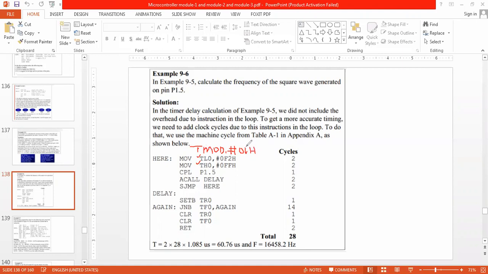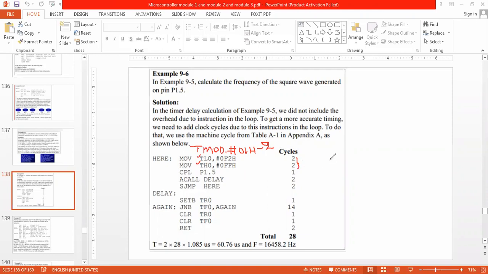Say I'm not considering it. This will also take 2 clock cycles. Now, MOV TL0, #0F2 and MOV TH0, #0FF. So total 4 machine cycles.